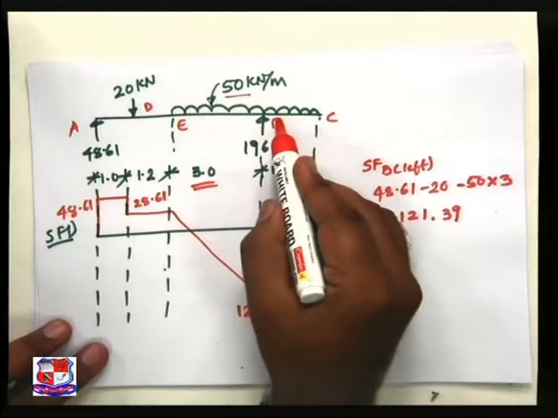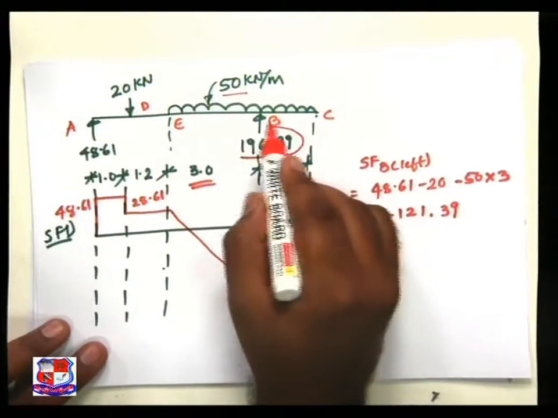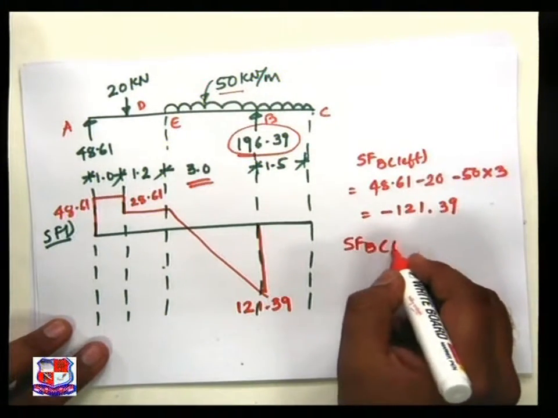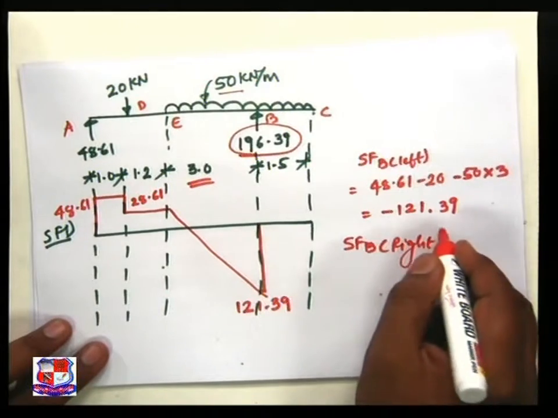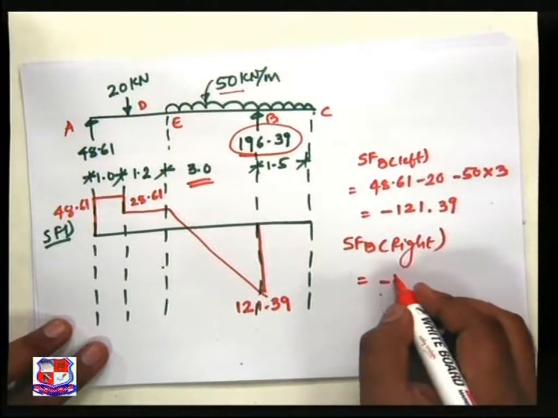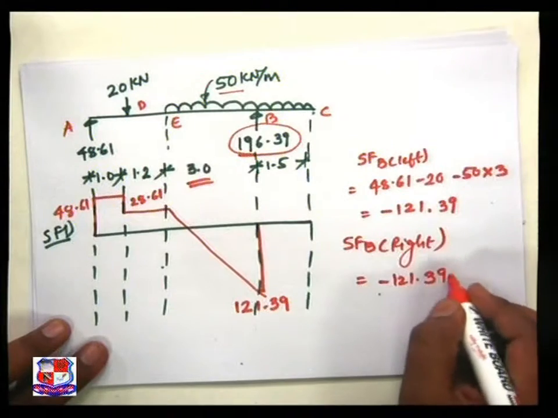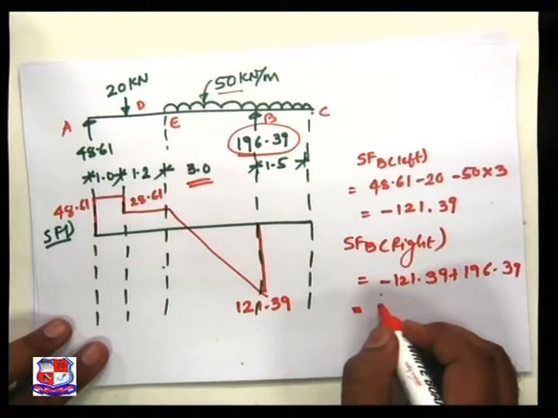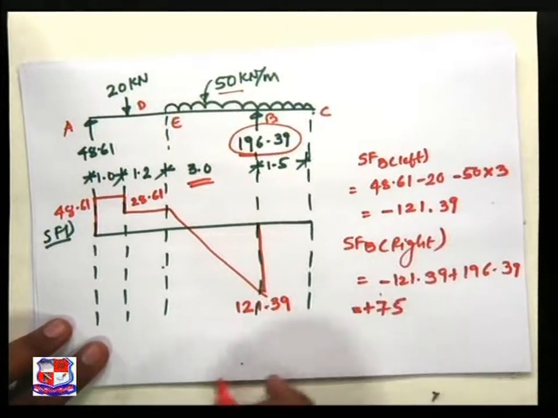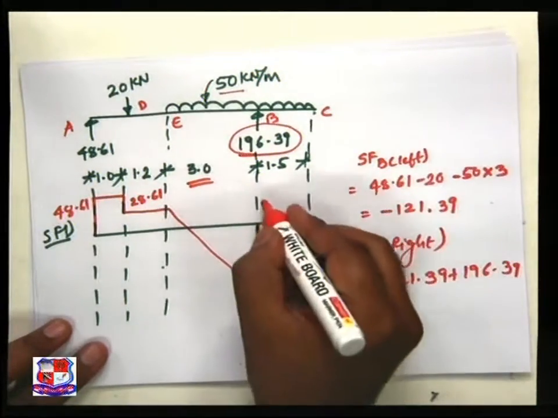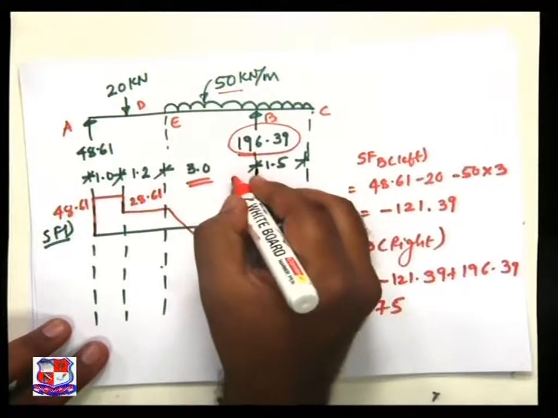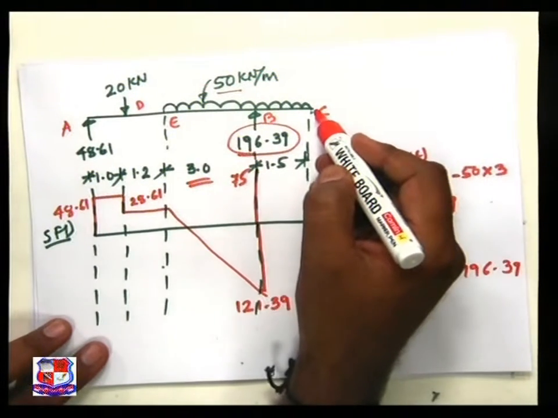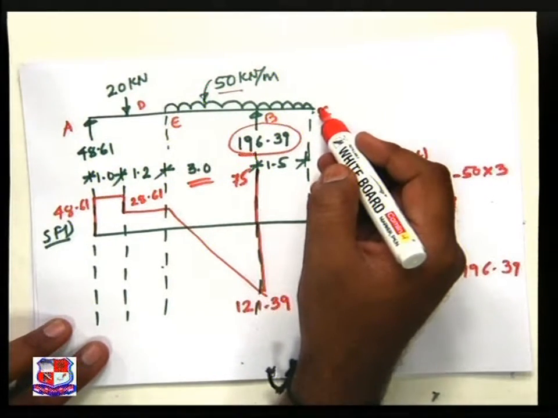If we take just right of B, then this load will come into the picture. So shear force at B just right is equal to minus 121.39 plus 196.39, and we achieve plus 75. So at this point load, the variation is of plus sign. At C point, obviously the value of shear force is 0.